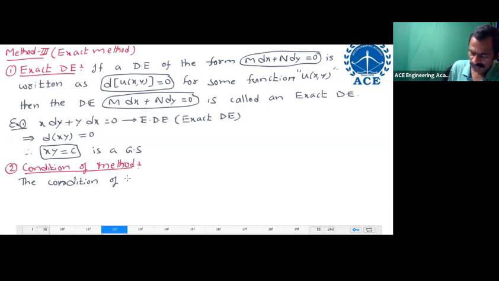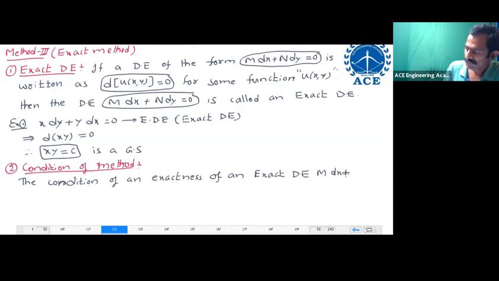The condition of exactness of an exact differential equation M dx plus N dy equal to 0 is dou M by dou y equal to dou N by dou x.